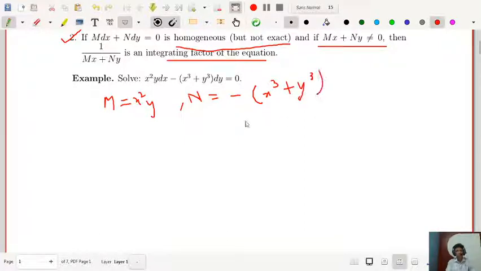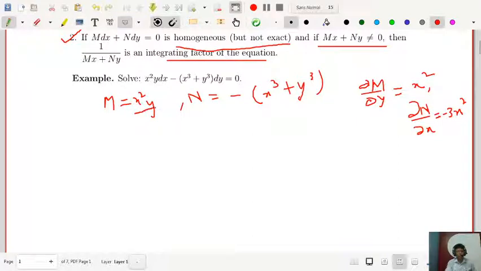You can easily check that del M by del y is not equal to del N by del x in this case, because it is not exact. Del M by del y is x square, and del N by del x is minus 3x square, right? So that is not equal, so this is not exact.